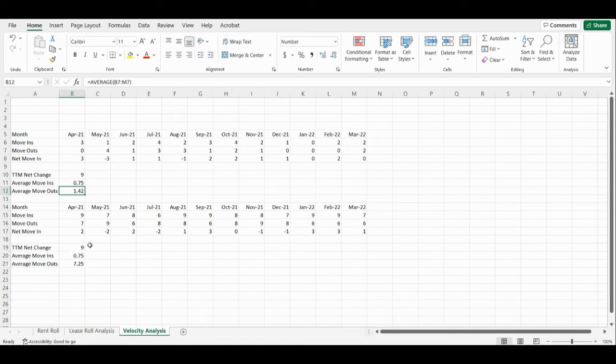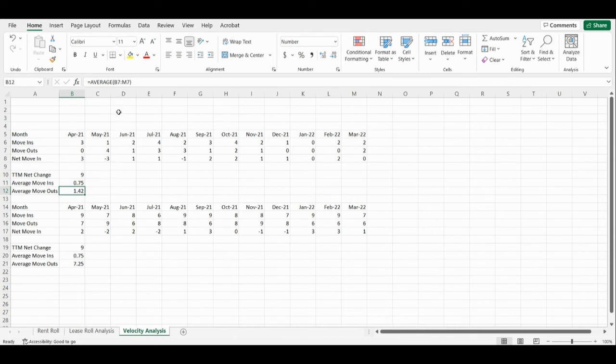And if you think about this from an operator view or an investor view, keeping up with an average of 7.25 move-outs per month is going to be substantially more difficult than keeping up with 1.42 move-outs per month. It's not a perfect comparison here.